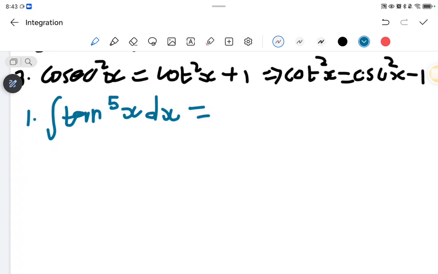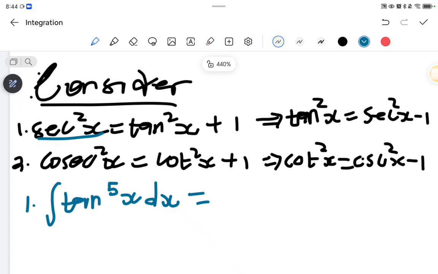Now you remember every time we have an exponent that is odd, we must try to change it to this. Even if it's even, we must try to change it to either of these. Every time we have such a case, we must try to change it to either of these. As long as it's tan, it can either be the integral of tan, cosec, or sec, as long as it's to the exponent something.